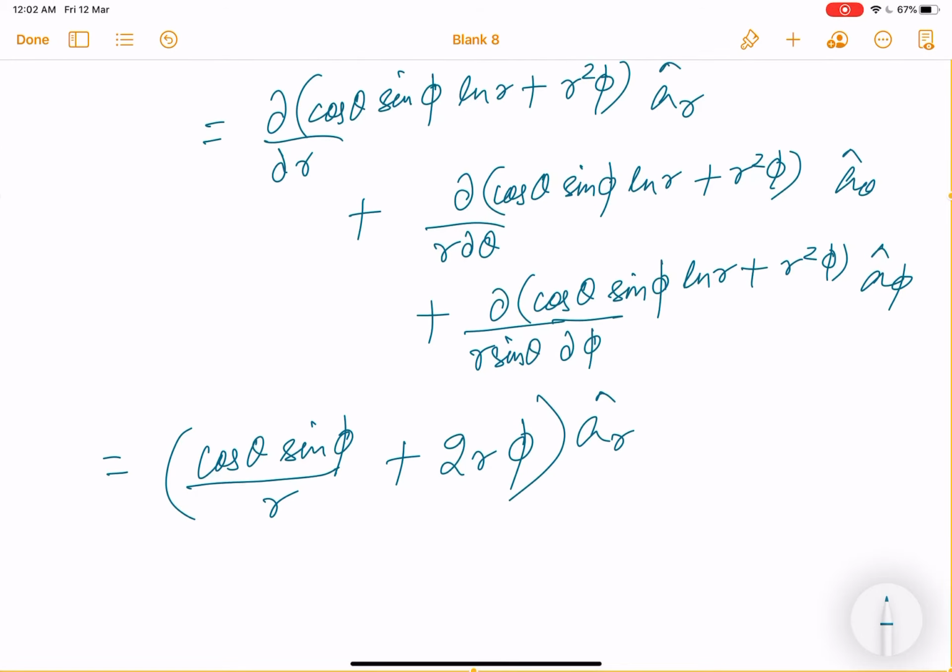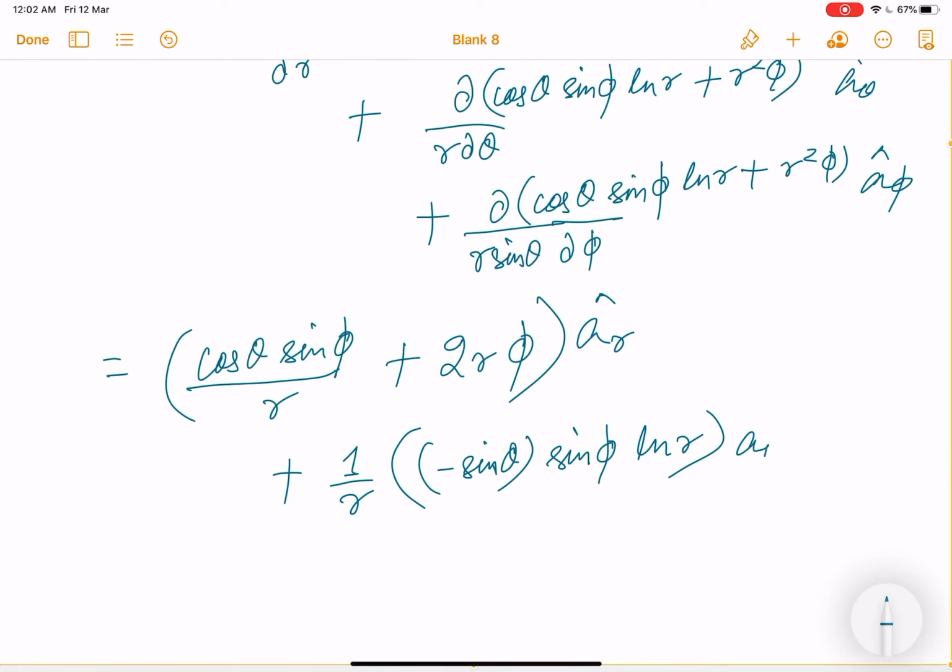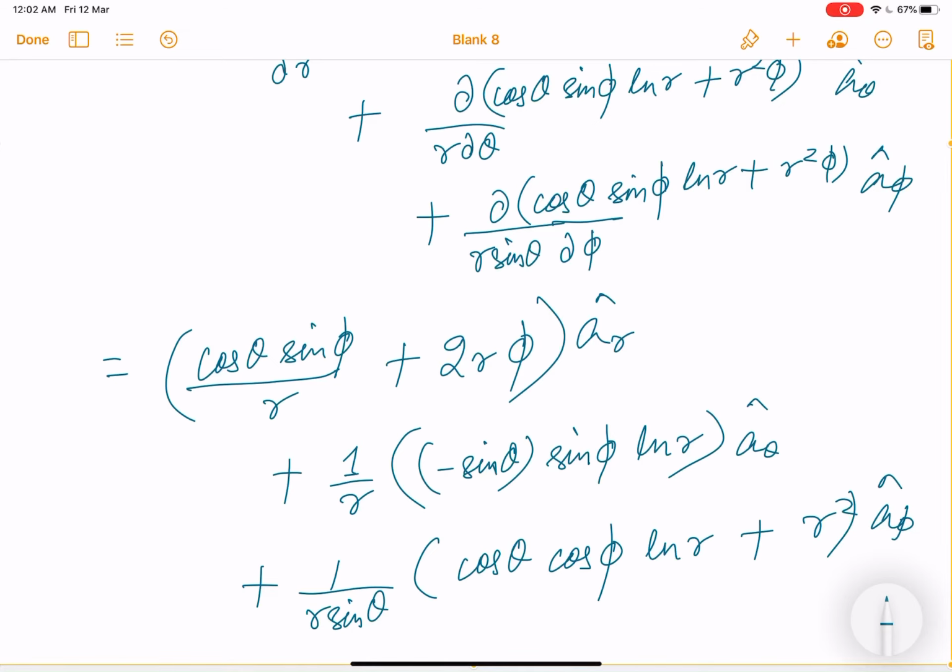Next term: θ has to be differentiated, while r and φ are constant. The derivative of cosθ is minus sinθ, so this is minus sinθ sinφ ln r, and the next term is 0 because there's no θ term there. This is a_θ cap. Then you differentiate φ terms, with θ and r constant. Cosθ, the derivative of sinφ is cosφ, times ln r, and plus r². This is a_φ cap.